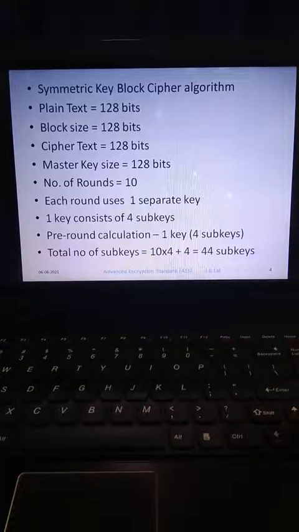So there are total 4 words per round. In total we need 40 sub keys, but before entering into the rounds, a pre-round calculation is performed that also needs one key, that is 4 sub keys. So the total number of sub keys required in AES is 44.